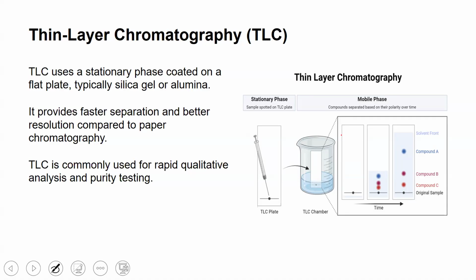So this is thin layer chromatography. First, use a stationary phase, which is coated on a flat plate, typically silica gel or alumina. So the silica gel or alumina will coat the stationary phase.